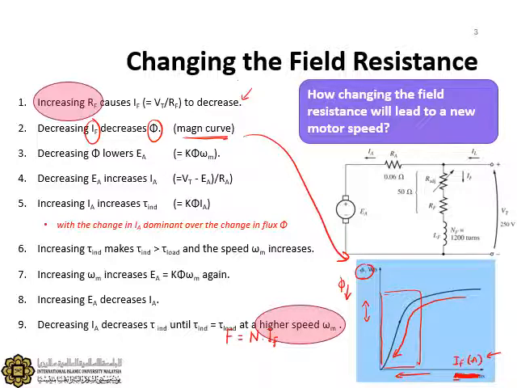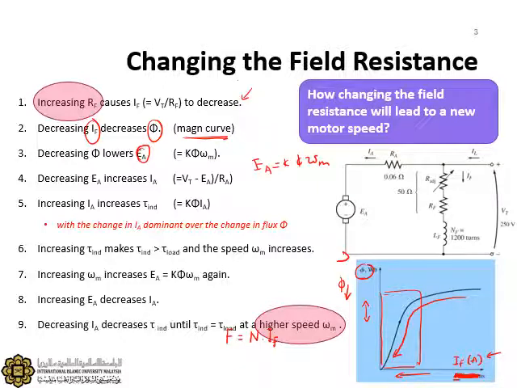Now what will happen? If you look at point 3, decreasing flux will lower the internal generated voltage, EA, because I think you all remember that EA equals K flux omega m.